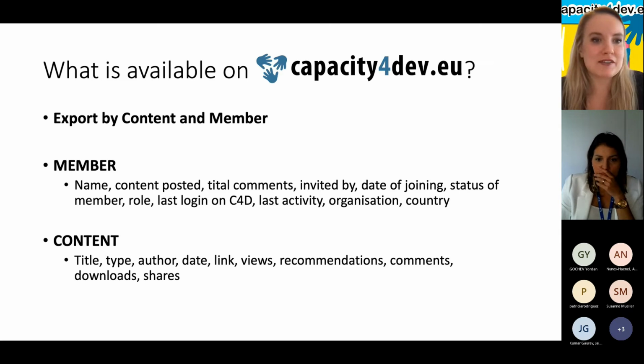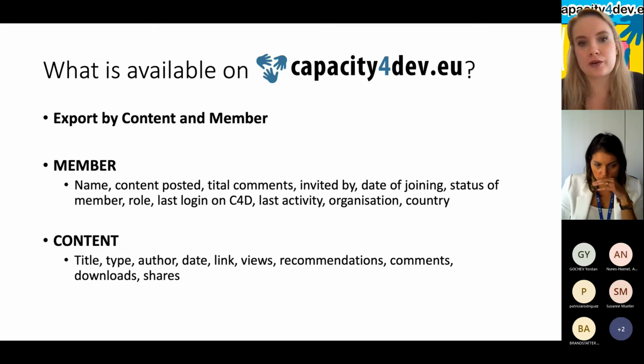Then there is an export for content, which is also really interesting for you, because there you can get an overview of all of the titles that you have published, the type, if it's a wiki, discussion, or document, who was the author of the content, how many likes it has, which equals the recommendations, how many comments, downloads, and shares.